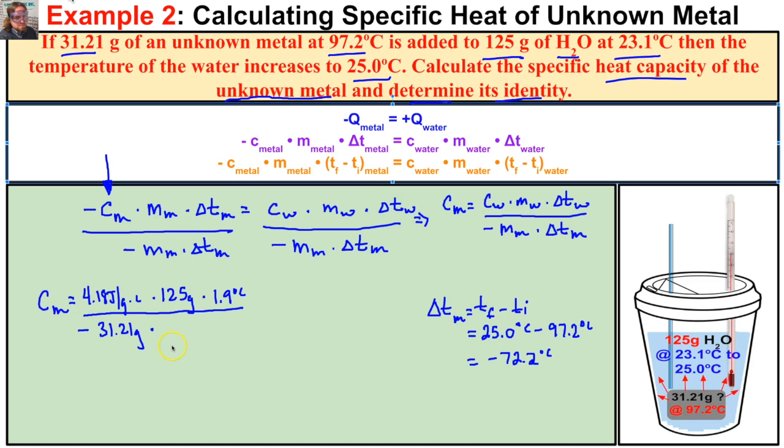So we are going to multiply this by negative 72.2 degrees Celsius, right? And so if we take a look, we'll put this in parentheses here. What we will end up with when we put this in our calculator is 992.8 on top.